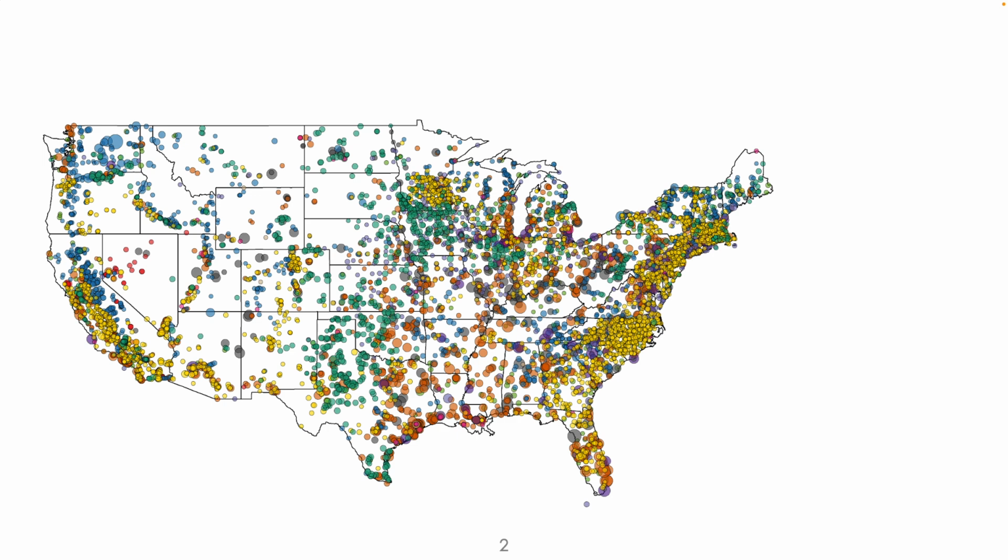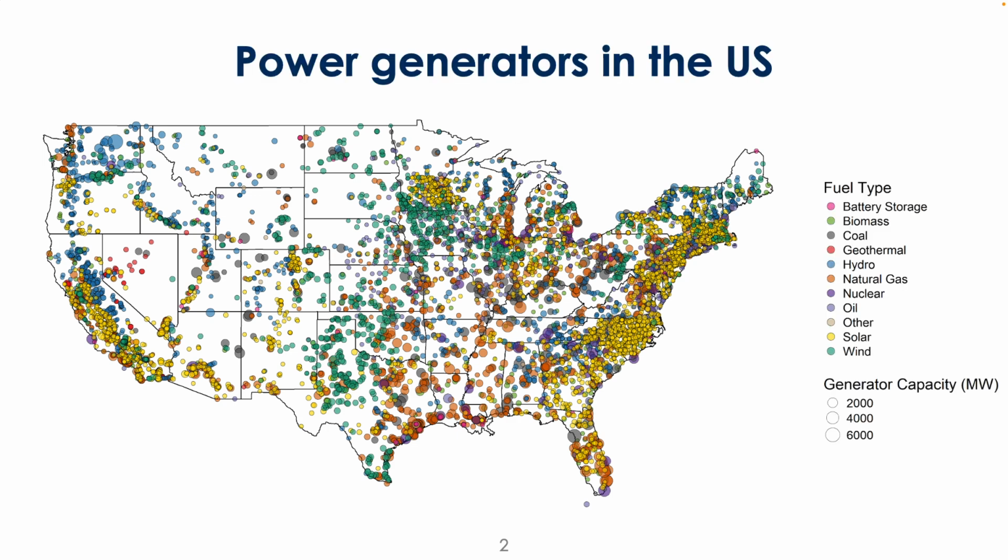Does anyone know what this map is showing? Yes, that's right. So these are all of the power plants in the US. The dots represent a particular location of a power plant. The color of the dot represents the fuel type. And then the size of the dot tells us the generating capacity of any particular power plant.